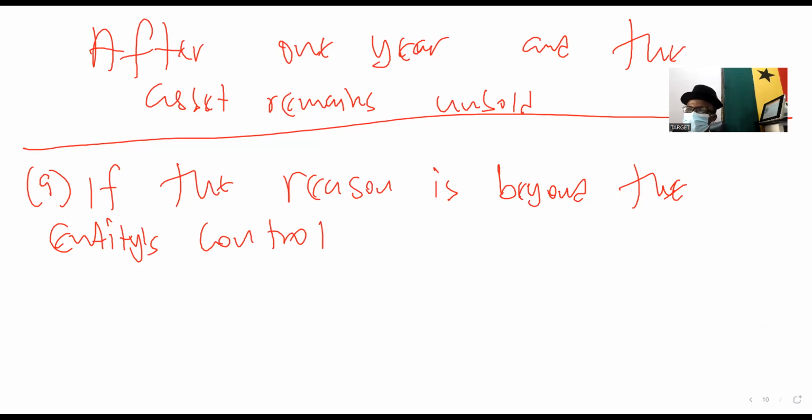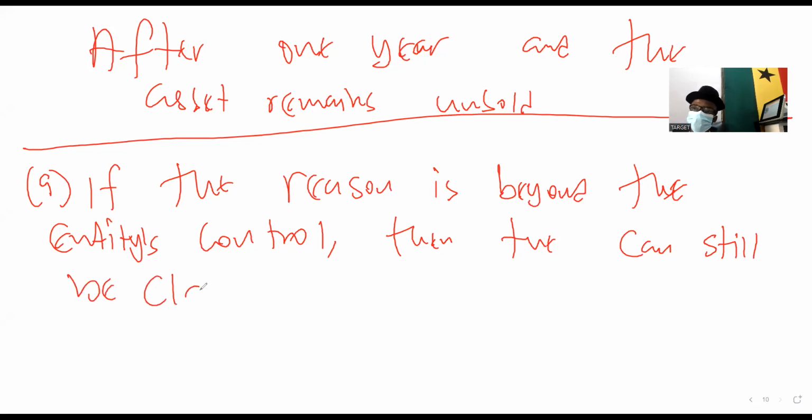If the reason goes beyond the entity's control, then the asset can still be classified as held for sale.